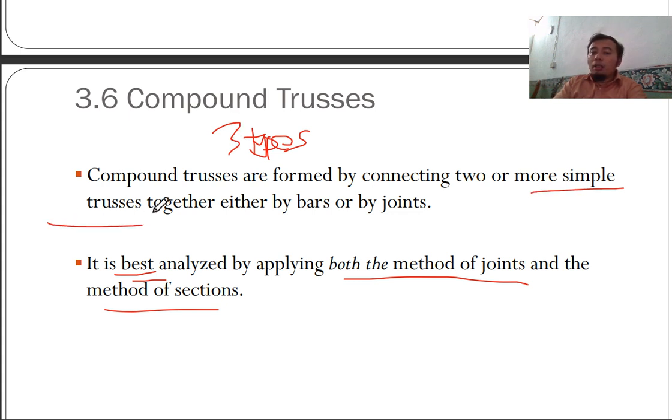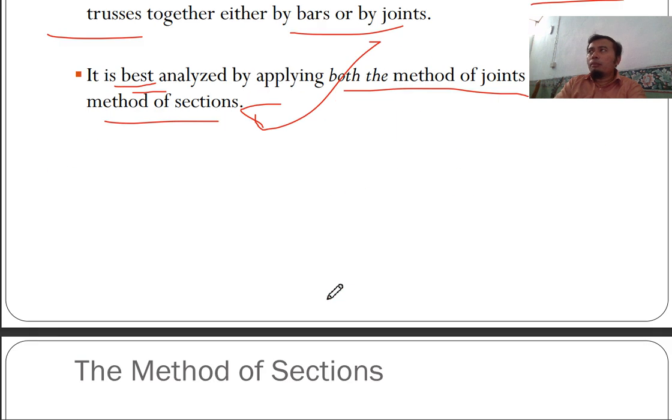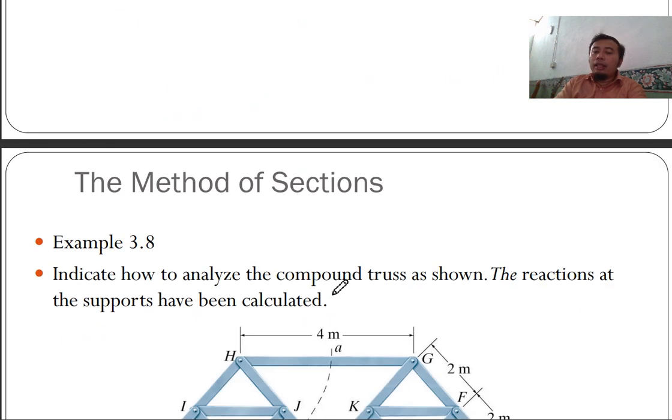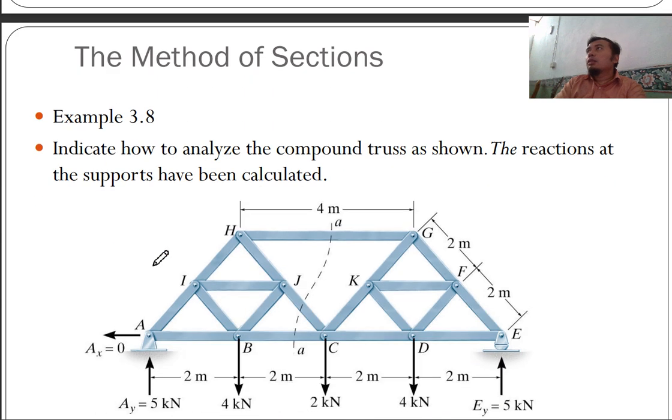Simple trusses can use method of joints, but for the bars you can use method of section. So by combining these two methods, you get a lot faster analysis, and less human error, calculation error.